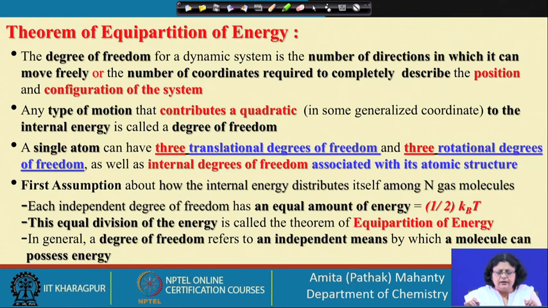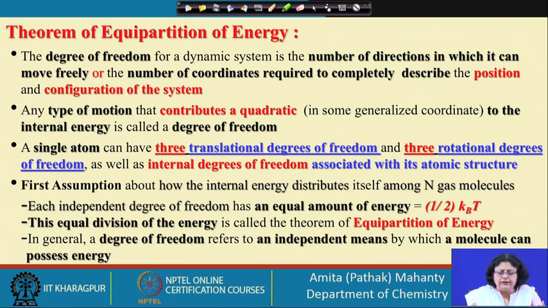Am I clear? When we say the degree of freedom in this concept, when you have energy distributed in various forms, we say in which form the energy is stored is another way of describing the degree of freedom.